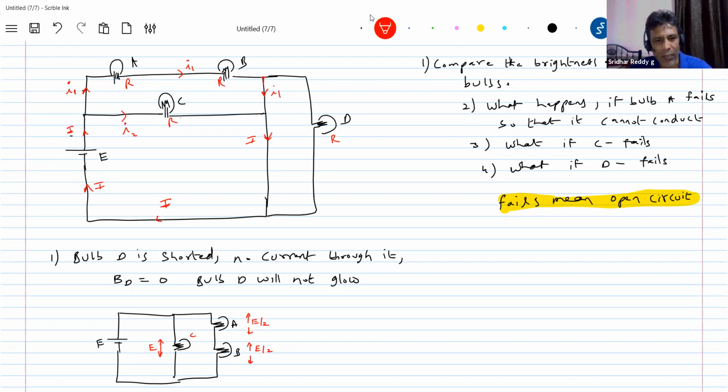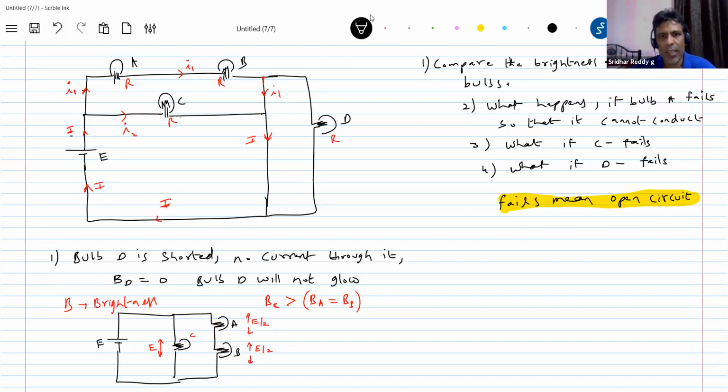V square by R, since we know the potentials. Therefore we can say that the brightness of bulb C will be greater than that of A and B. B indicates brightness. Like this, you just draw a circle. Still, if you are confused, write R. Replace each bulb with one resistor R, here also R. Then work out the series parallel one.